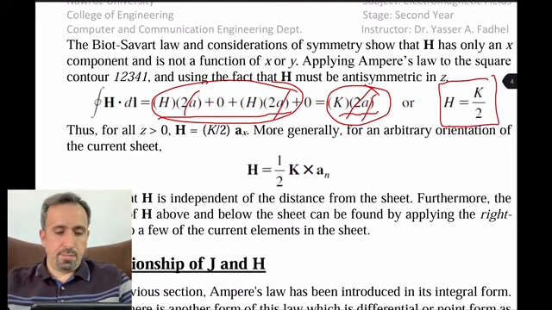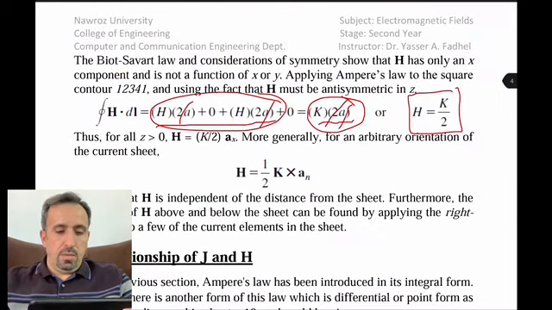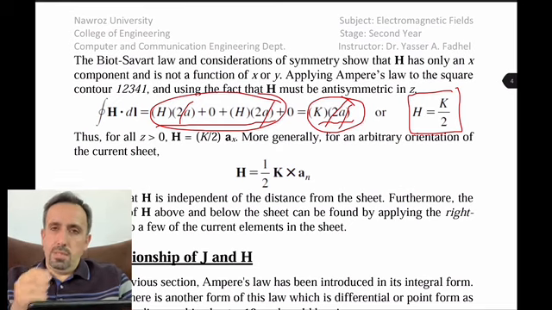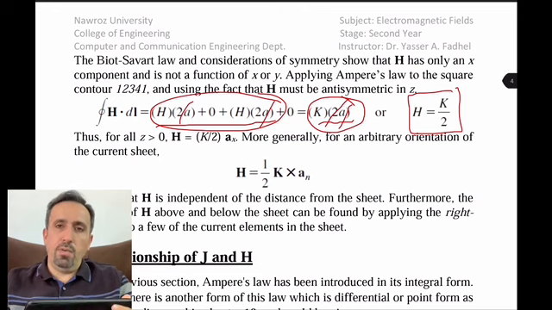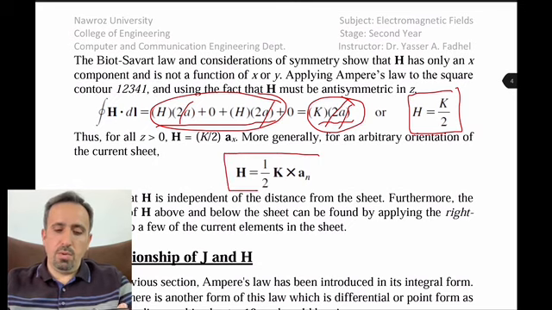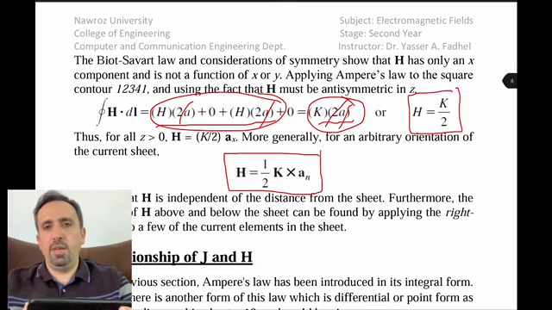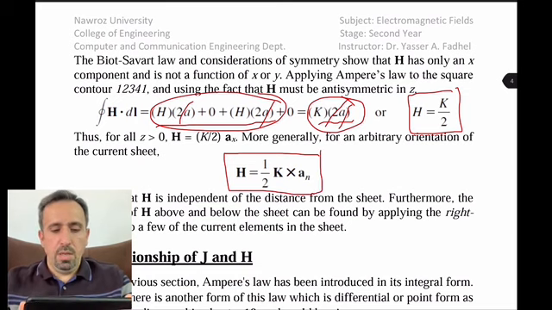So to generalize the derivation taking place here, you can say that H will be equal to 1 over 2 of K cross product with a normal. This is a very important formula that has been derived. Why?